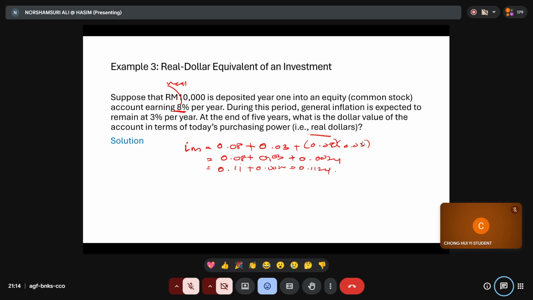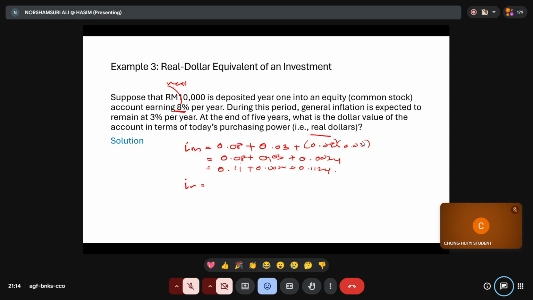So they're asking for the real dollar here. If you want the real dollar, they're using this formula.